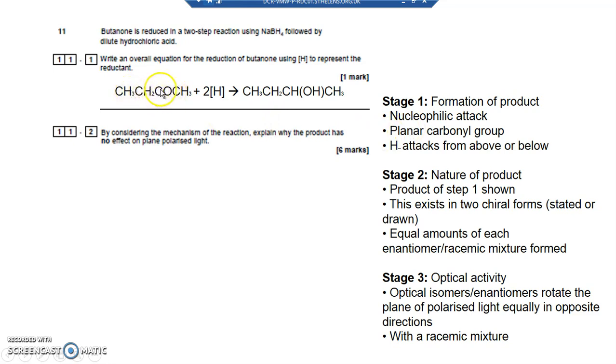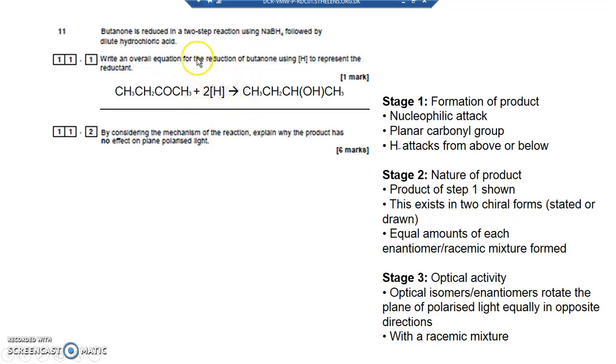It's only going to have three bonds, a double bond to the O and a bond either side to either carbon, so it's only got three atoms bonded to it, so that's flat. It's not got four, it's not tetrahedral, so it's going to be flat. So the H-, the hydride ion, can attack from the bottom or from the top. It can attack from above or below.